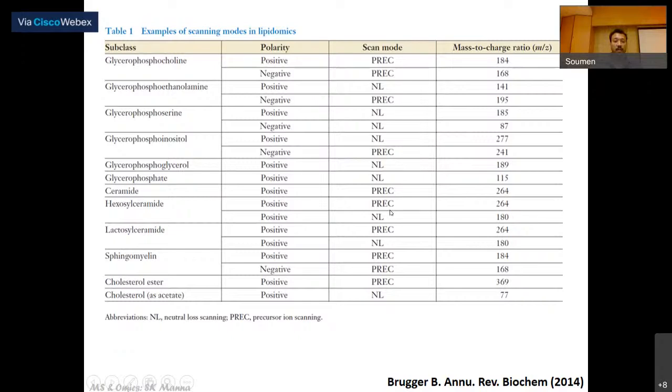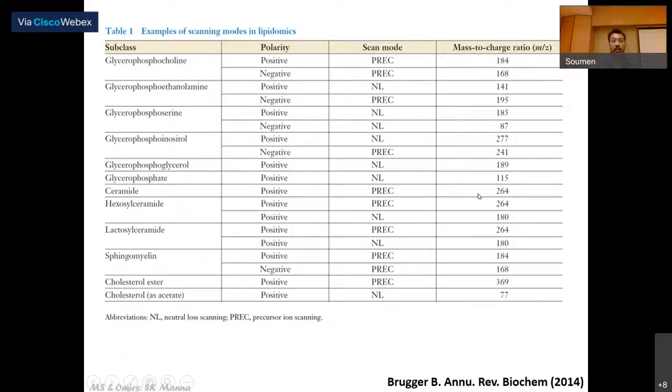After you have analyzed it, if you want to look specifically into a particular class of lipid, for example, just how many different types of phosphocholine there are, you can choose positive ionization mode and the 184 ion, or negative ionization mode and the 168 ion.